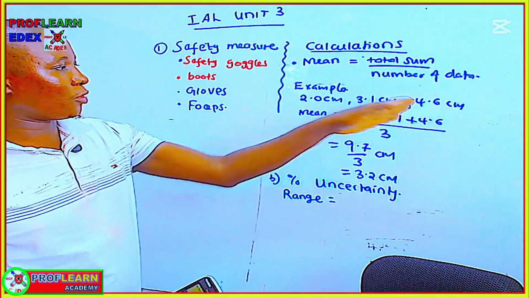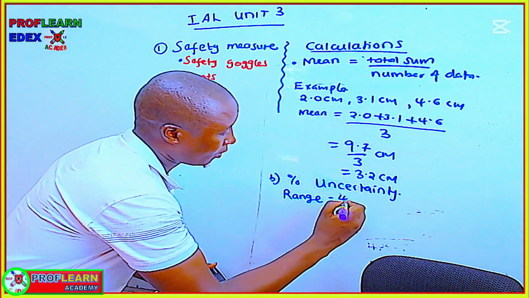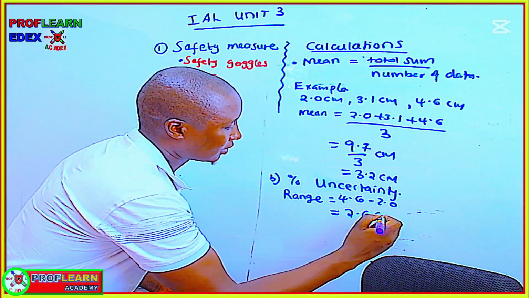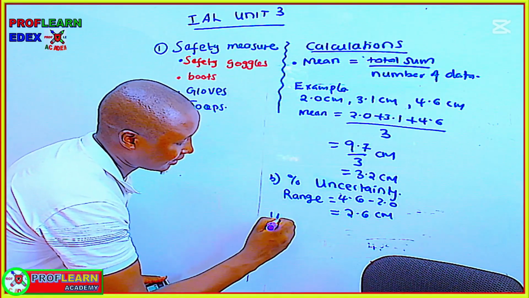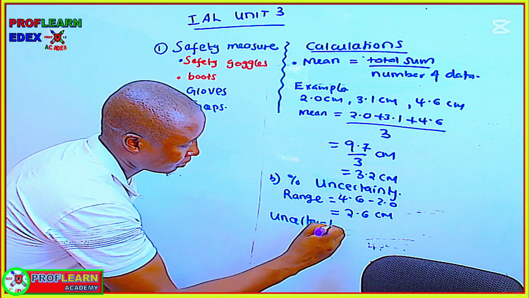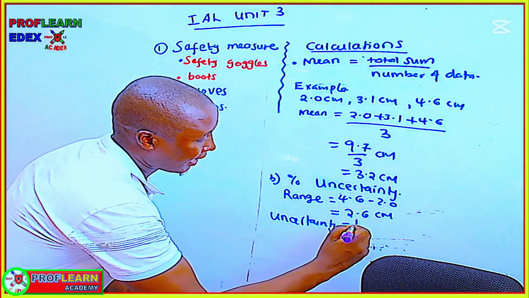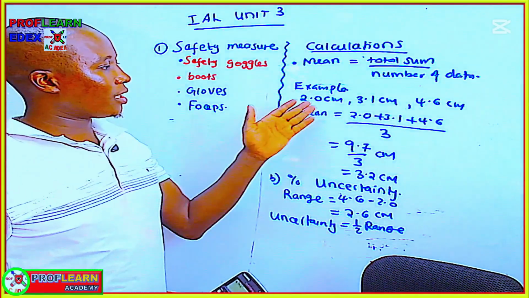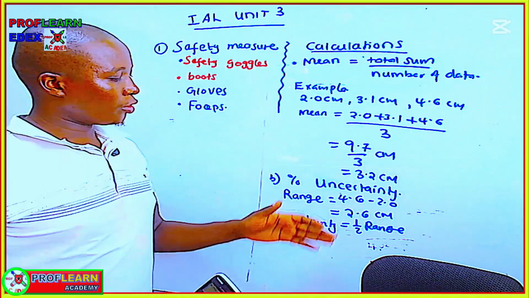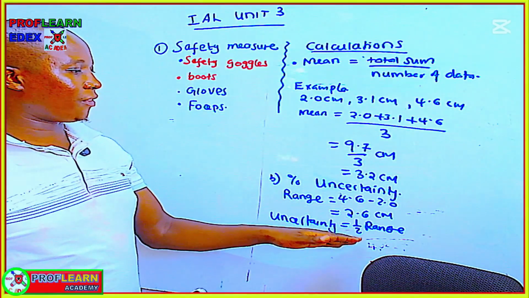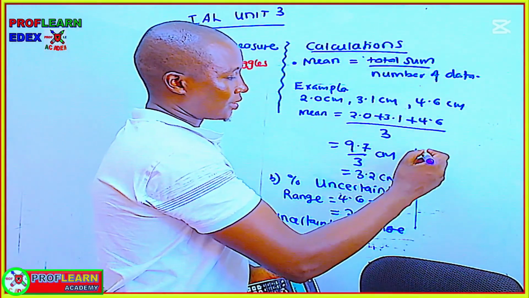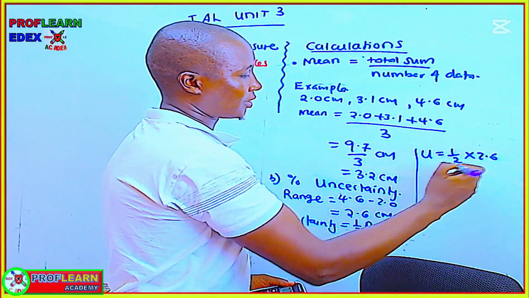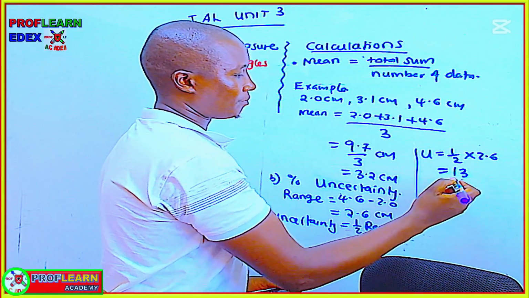The largest value minus the smallest value, that will be 4.6 minus 2.0, and that will be 2.6 centimeters. Then now uncertainty is going to be a half of the range. If you are given a question whereby you are given different set of values, for you to work out uncertainty, it will be a half of the range. So in this case, our uncertainty becomes what? A half times 2.6, and that becomes 1.3.